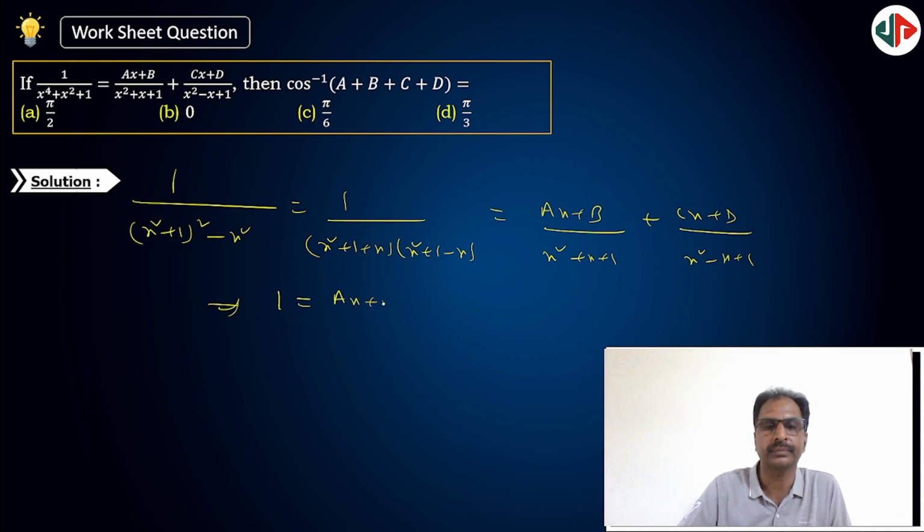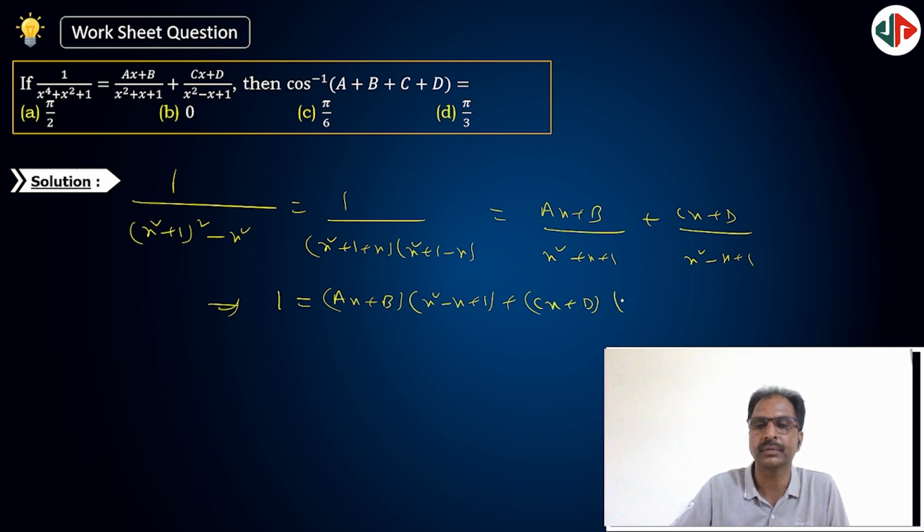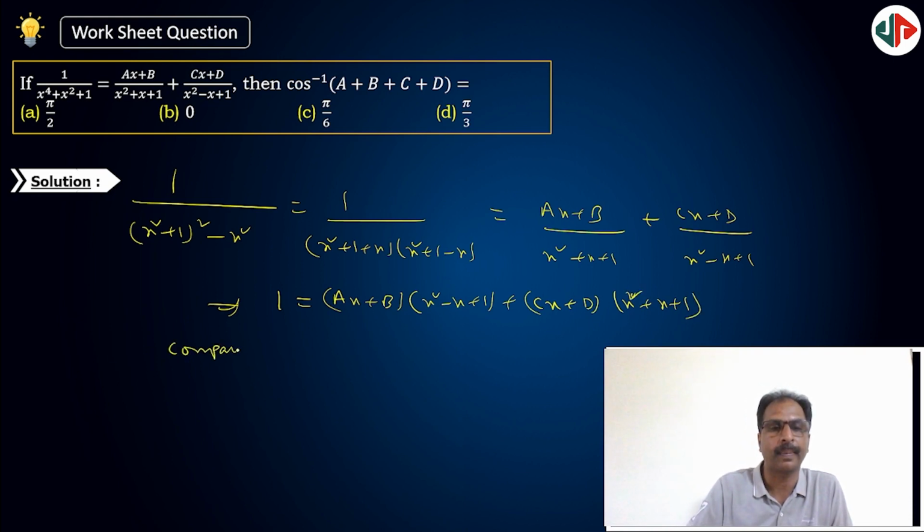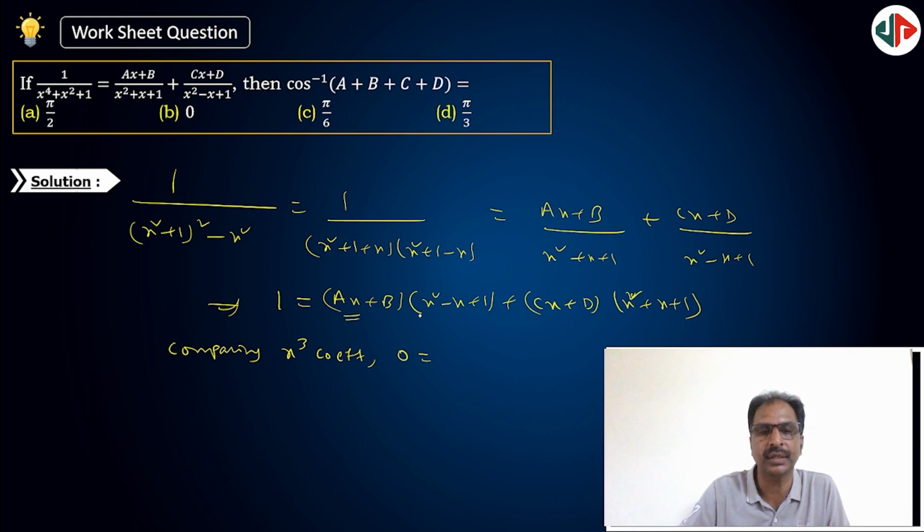So, what is left out? 1 is equal to (ax plus b) into (x square minus x plus 1) plus (cx plus d) into... Now, comparing, we require cos inverse of a plus b plus c plus d, right? Comparing x cube coefficients on both sides. Left hand side 0, right hand side ax into x square, ax cube, a; cx into x square, cx cube, c.